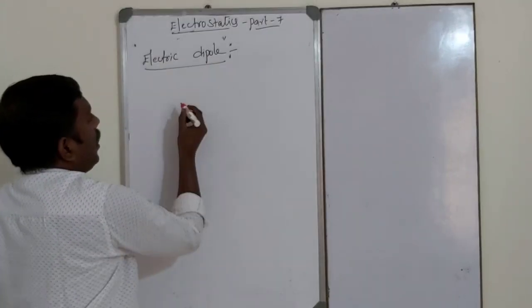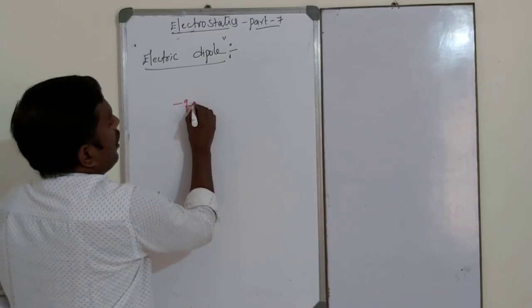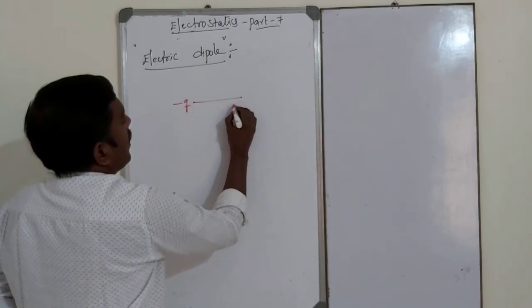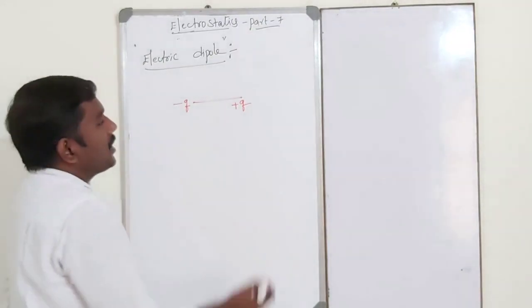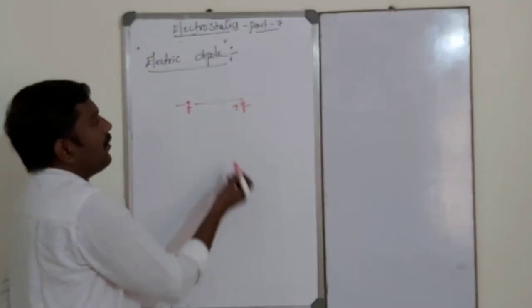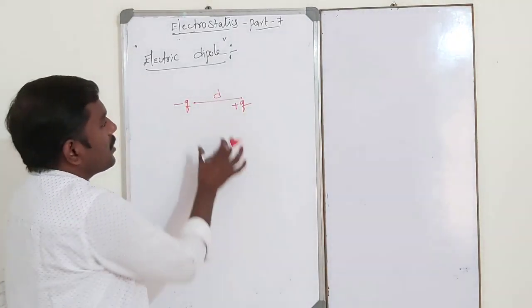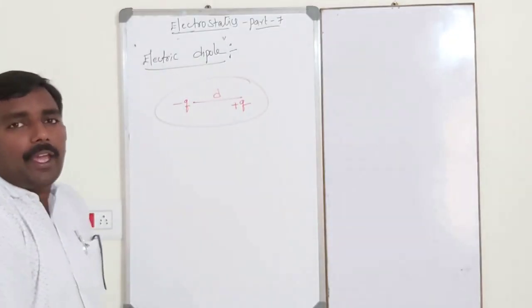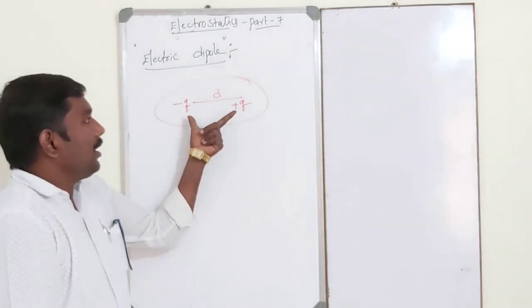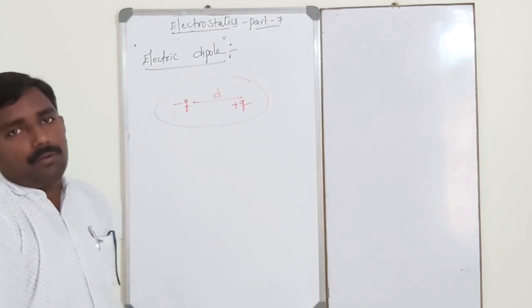See, two equal and opposite charges: this is minus q charge and this is plus q charge, separated by a small distance. I will take d as the small distance. This is called an electric dipole, like this. This is the dipole.